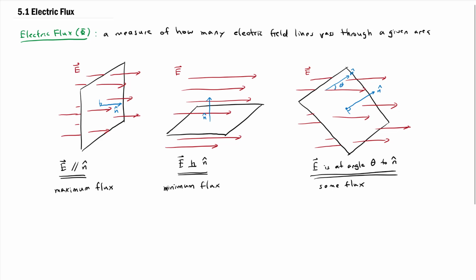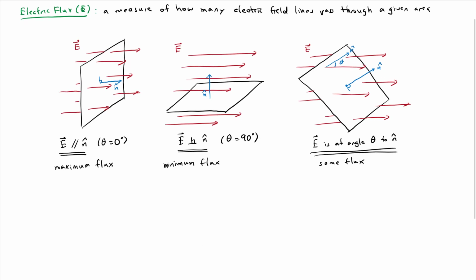Some of the electric field lines are going to pass straight through the surface along the surface normal vector. So just from these explanations, when the angle theta is equal to 0 degrees, we get maximum flux. When the angle theta is equal to 90 degrees, we get minimum flux. And the proper vector multiplication that gives us that is the dot product.